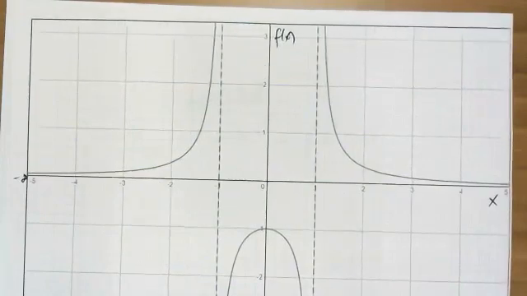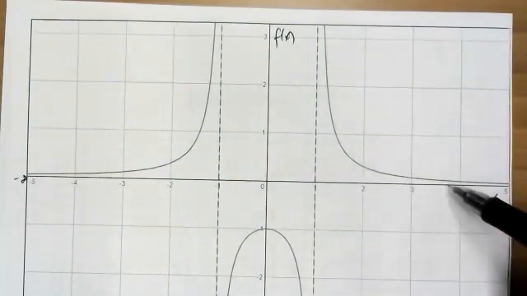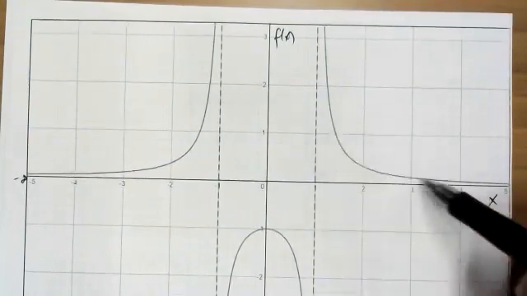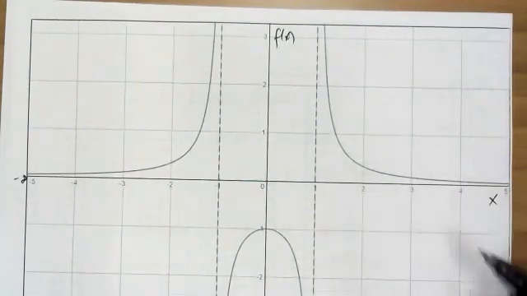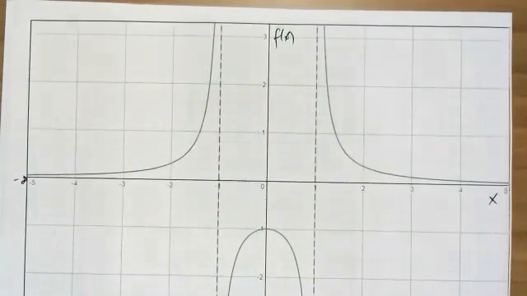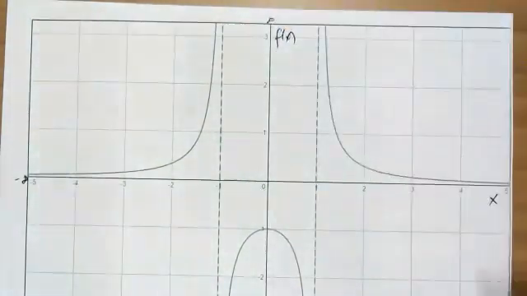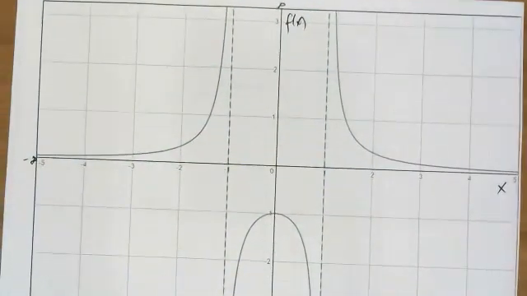I include 1. Then I have to jump up to where the graph starts again. It looks like it starts again at 0, so I union it from 0, yeah, the function is 0, and then it goes up to infinity.